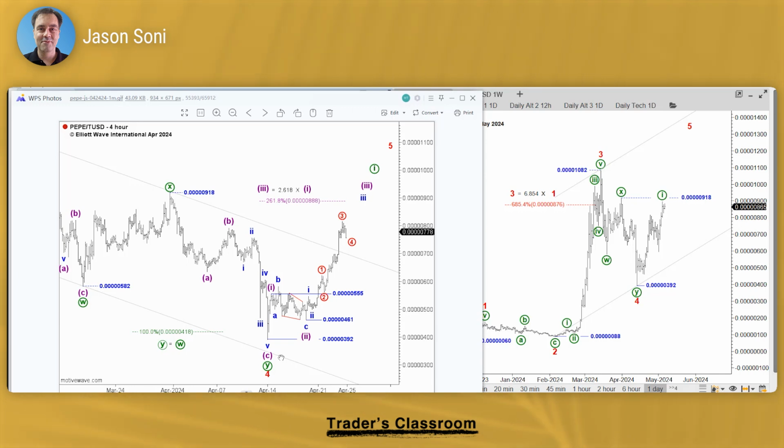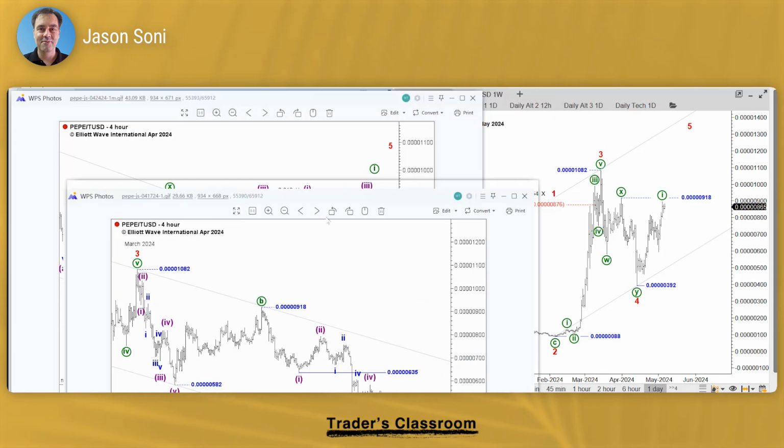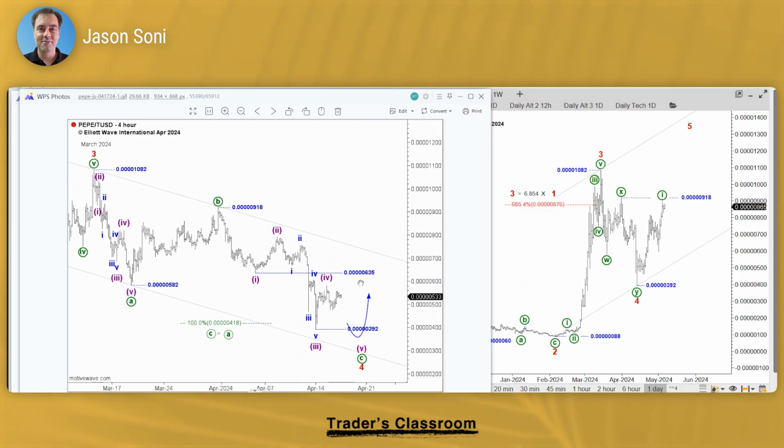So what started as a possible triangle got negated. Then I switched to a zigzag based on the price action. And ultimately I've switched to a double zigzag because the zigzag scenario got negated, i.e. I moved back above the key level at this particular stage, which was 635.